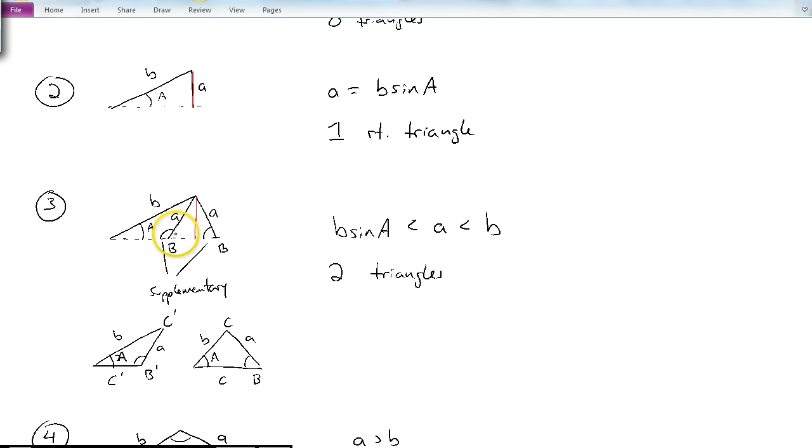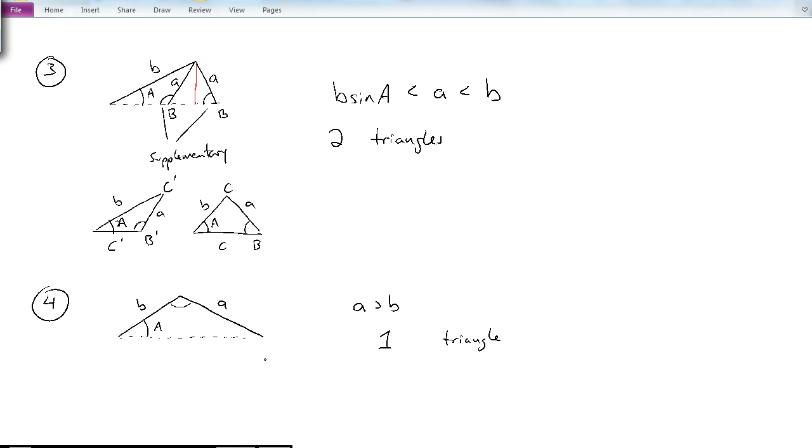So if this angle here is supplementary to this angle here, and this angle here is congruent to this one over here, then these two must be supplementary. That helps when you try to solve these triangles. If you have to make two, if you find B, you can find B prime, or if you find B prime, you can find B just by knowing that they're supplements.